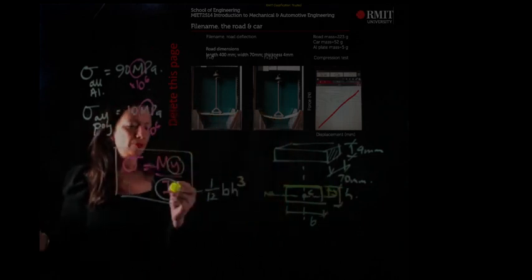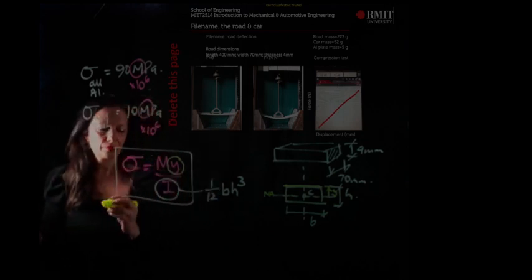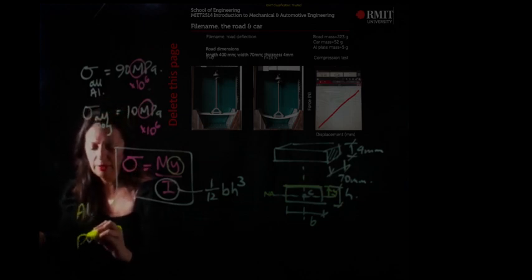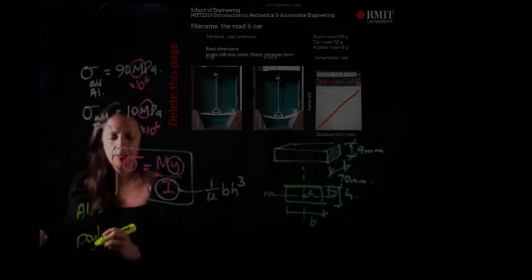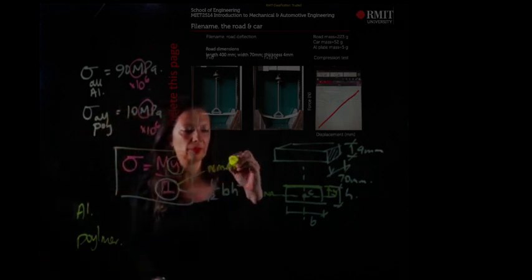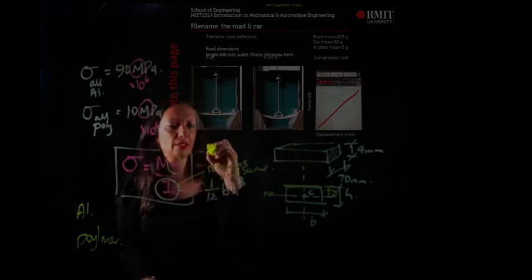So if I substitute for aluminium and the polymer, I remains the same and Y remains the same.